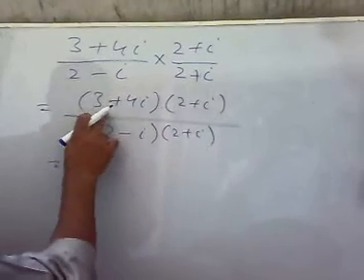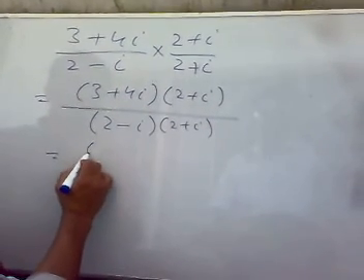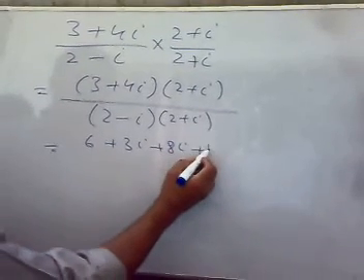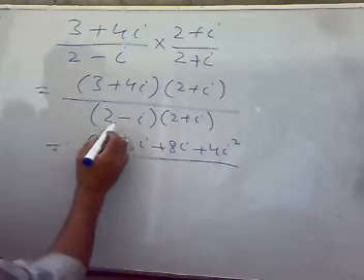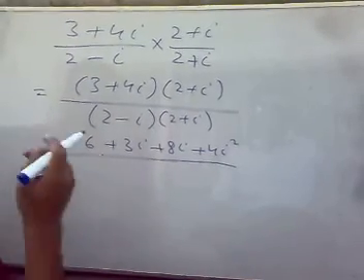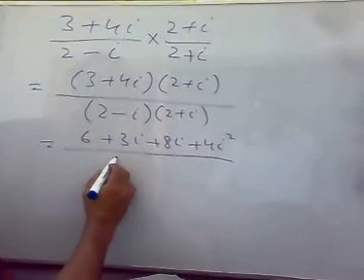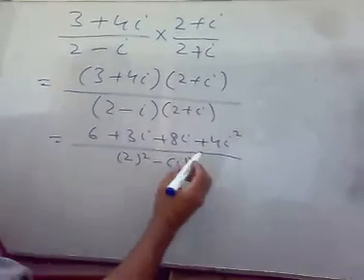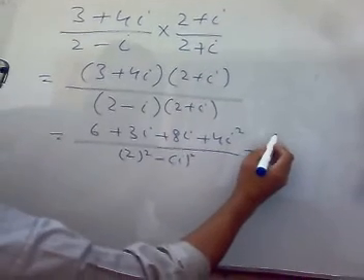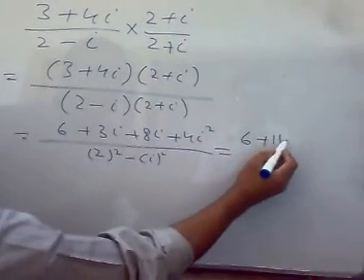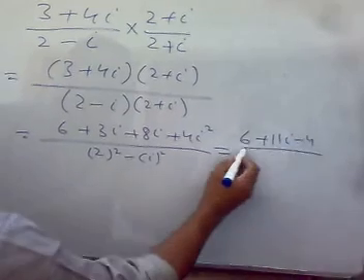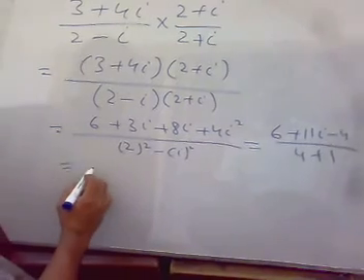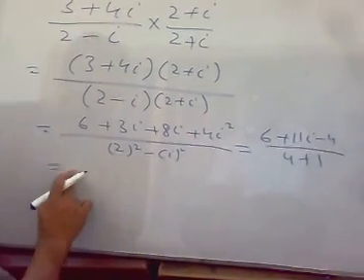Performing multiplication in the numerator we will have 6 plus 3 iota plus 8 iota plus 4 iota square, and in the denominator we will apply the formula a minus b into a plus b, and that will be 2 square minus iota square. So here it will be 6 plus 11 iota minus 4 over 4 plus 1, and in the next step it will be 6 minus 4, it will be 2.